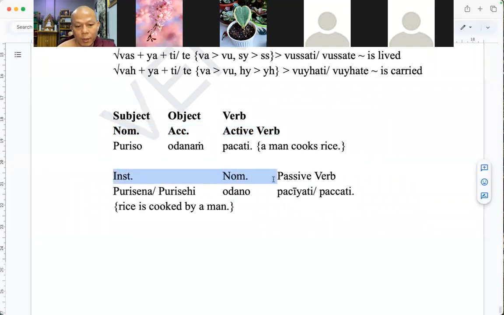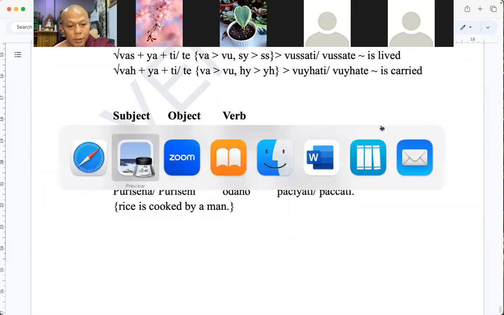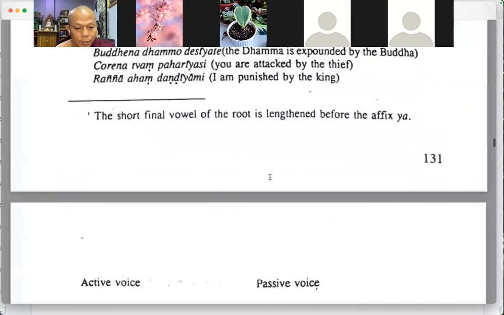Actually, while learning the past participle, I already explained this structure. Now again, okay.